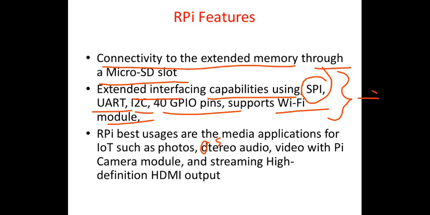So like that you have the extended interfacing capabilities using all these add-ons, that is SPI, UART, I2C, general purpose IO pins, and even having support to the Wi-Fi modules, right?